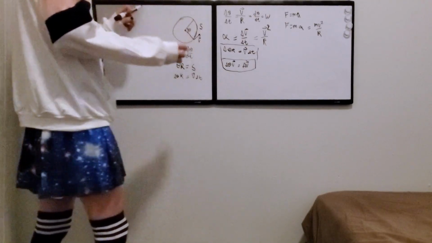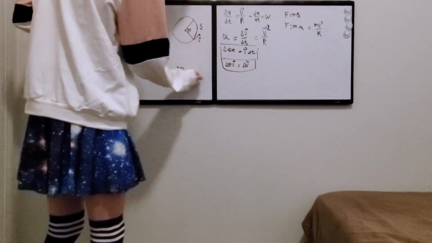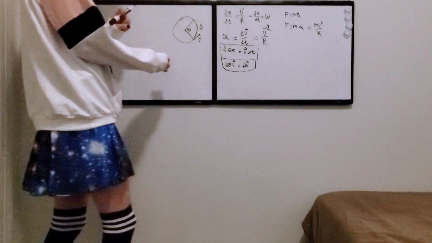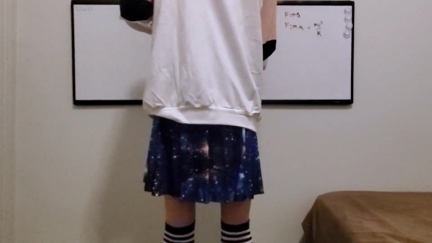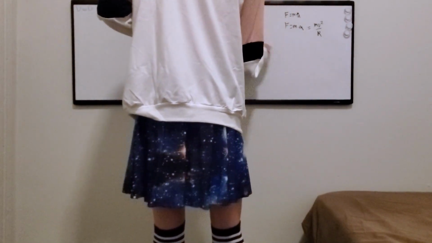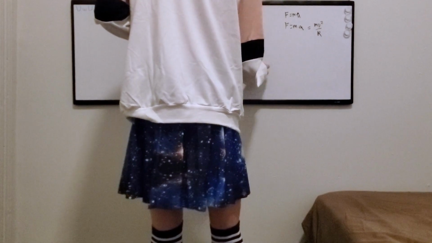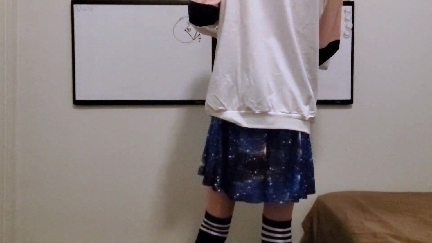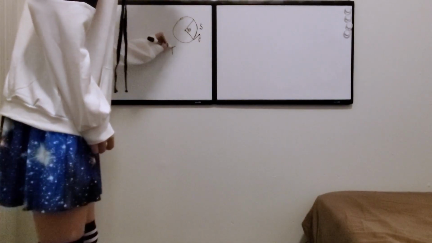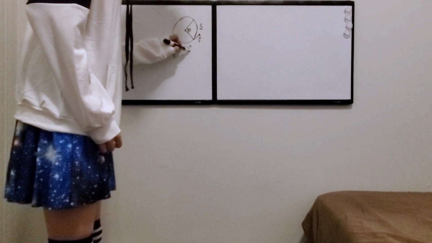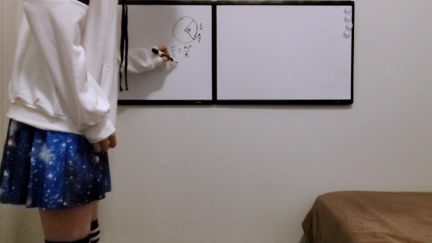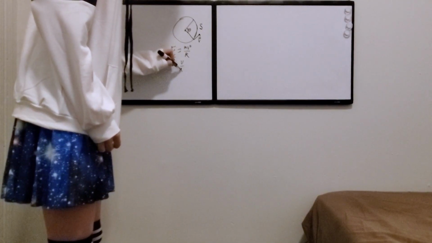So next we're going to do a bit of an example problem. So what I'm going to do is erase this derivation and rewrite them over here so we can have them for reference. Right, so for centripetal, it's going to be mv squared over r. Omega is equal to v over r.